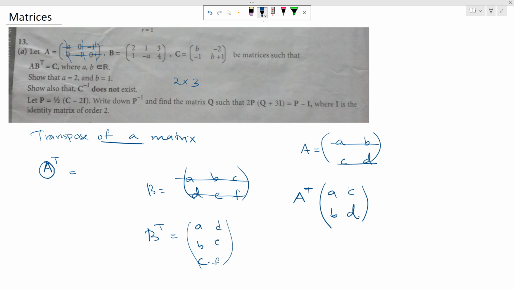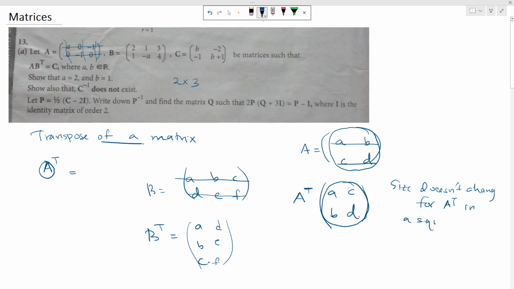Now you see here there is a trend. If the matrix is square, meaning the number of rows and the number of columns are the same, and I write down the transpose of a square matrix, the size doesn't change. The size doesn't change for A transpose in a square matrix. But this is not a square matrix, so the size has changed.